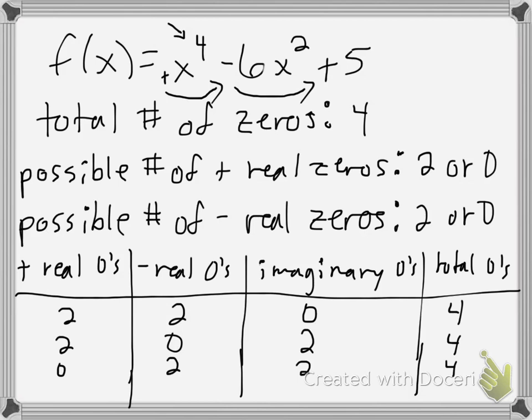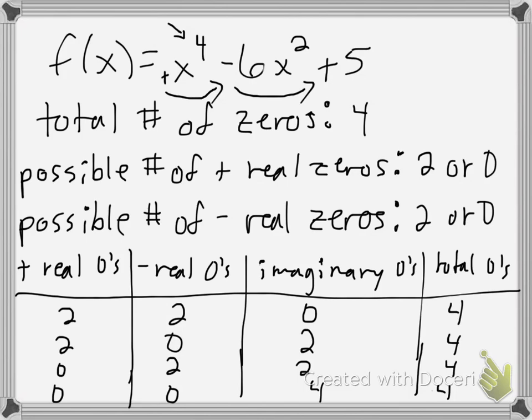I have one more. I have a possibility of having 0 positive real zeros and 0 negative real zeros. That would mean I would need 4 imaginary zeros. So the zeros that I find are going to fit one of these specific combinations. It's either going to be 2, 2, and 0; 2, 0, 2; 0, 2, 2; or 0, 0, 4.